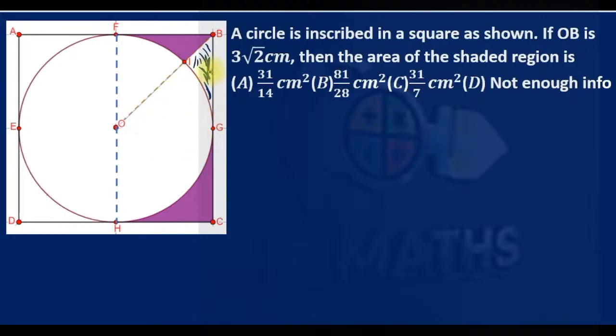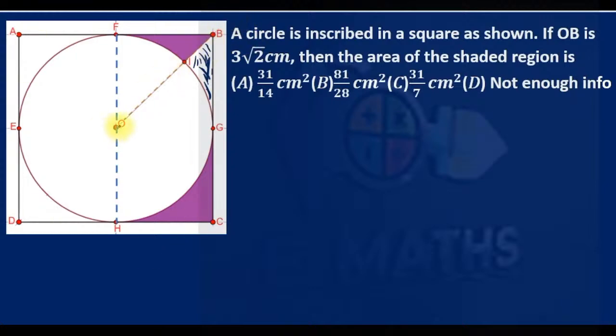That's it. But we are given just this and this, and this is the center of the circle, and this is the vertex of the big square.